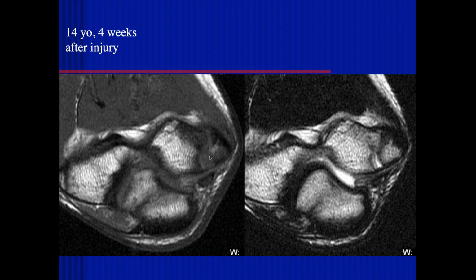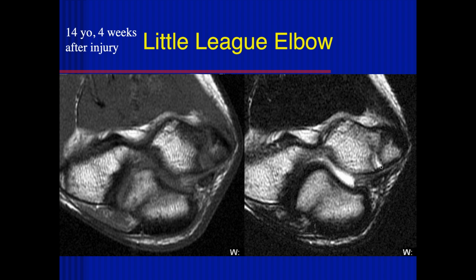You can see that fluid signal intensity cleft, and again we can see loss of the normal marrow signal intensity. So again, this is little league elbow. Now, if you catch it in the early stages, it can heal fairly rapidly within a few weeks. Obviously, the more advanced it is, the less fully it can heal and the longer it takes.